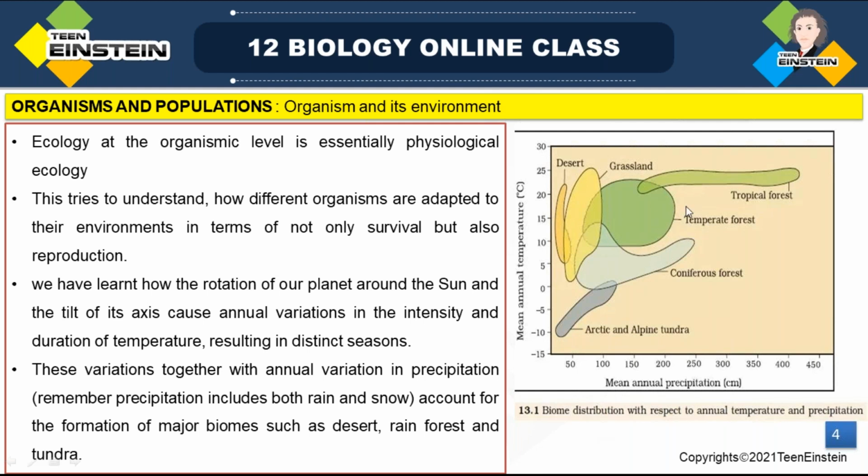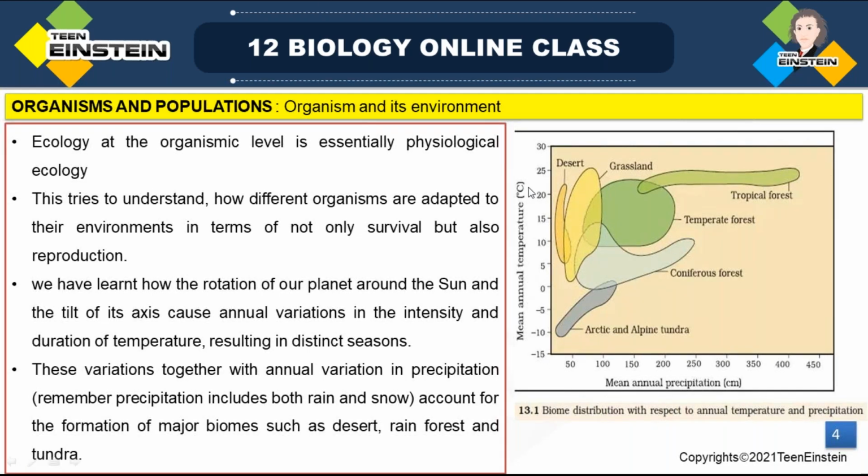They'll mark one portion of this graph, suppose the green one, here they have marked temperate forest. They'll mark a point, here or here, wherever it may be, without writing anything there, and ask you to find it out. This graph will be there as such.